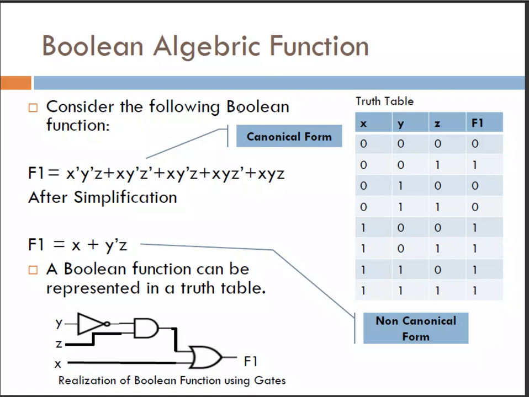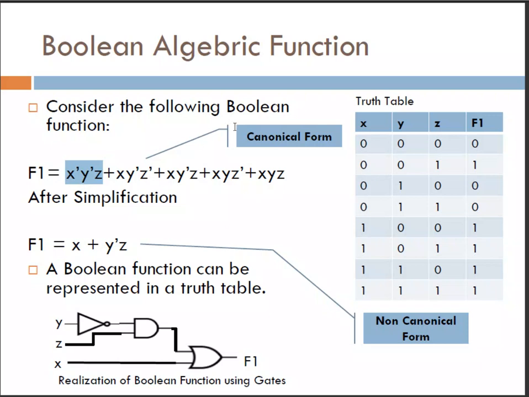Consider the following Boolean function. We have f1 with x bar y bar z, plus x y bar z bar, plus x y bar z, plus x y z bar, plus x y z. You see that each term, each product here, is made with 3 variables.